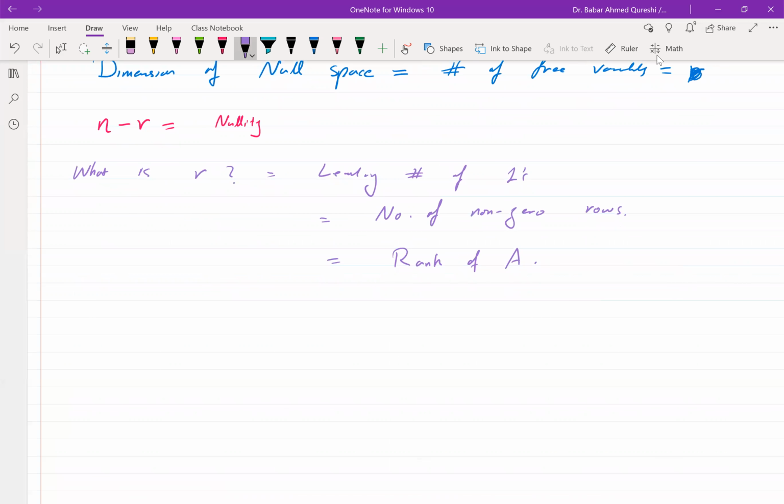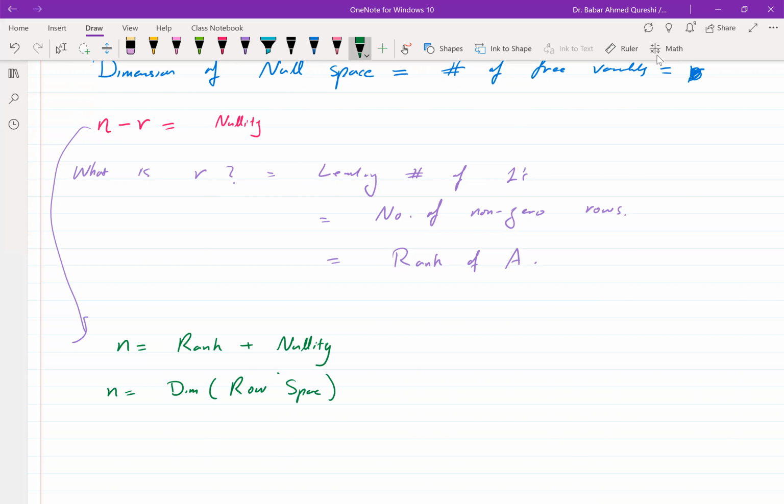So that means from this equation, n is equal to rank plus nullity, or n is equal to the dimension of row space plus the dimension of null space.